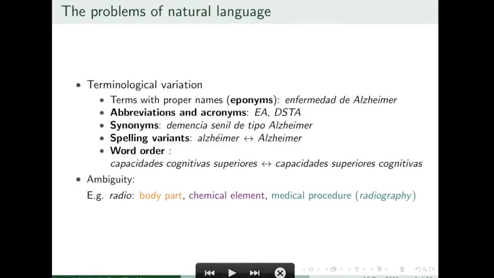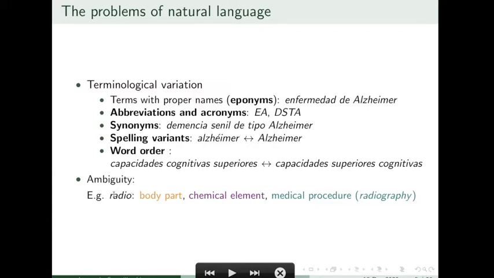But what are the problems of natural language? As you could see, one problem relies on the many different types of term variants. So we have different variant words referring to the same concept, some with proper names such as enfermedad de Alzheimer, others with abbreviations and acronyms that are difficult to understand, and synonyms of the same concepts, besides spelling variants, uppercase, lowercase, word order variants, etc. Another problem are ambiguous terms.